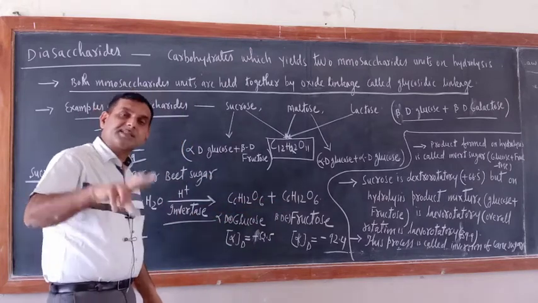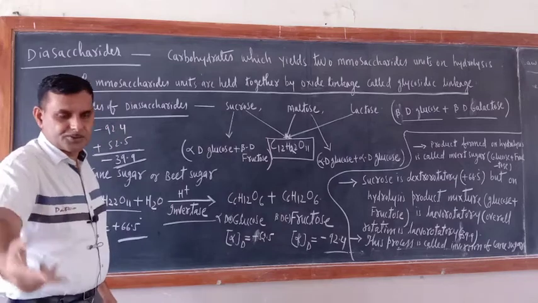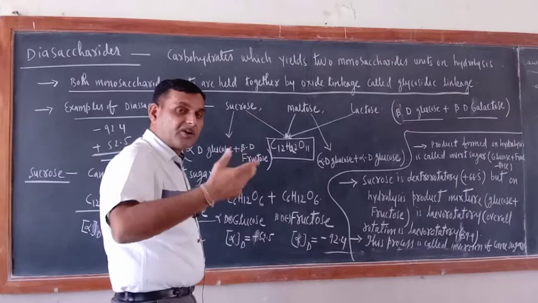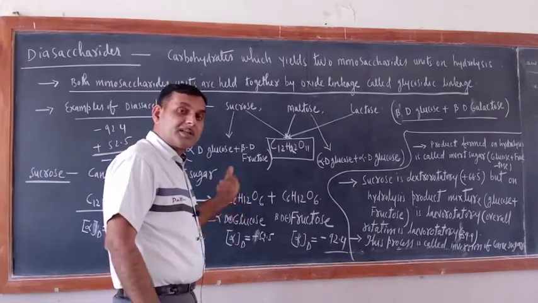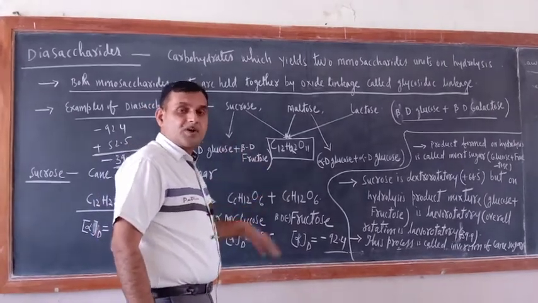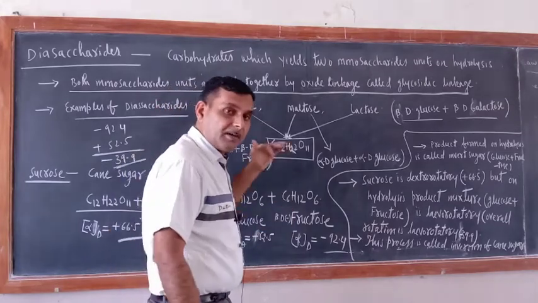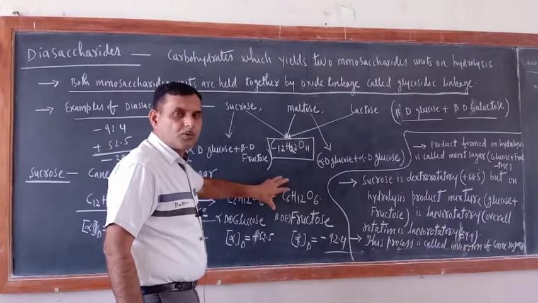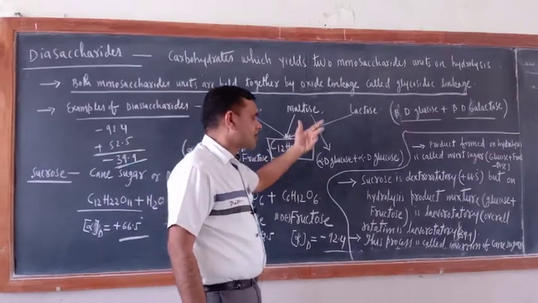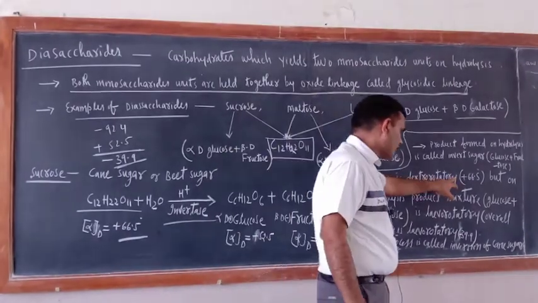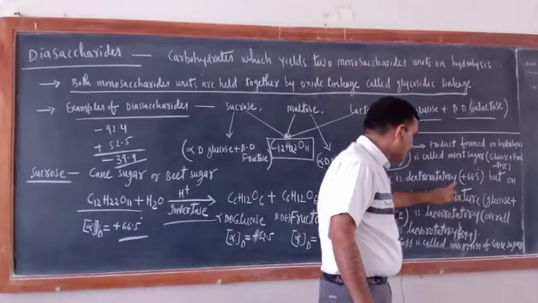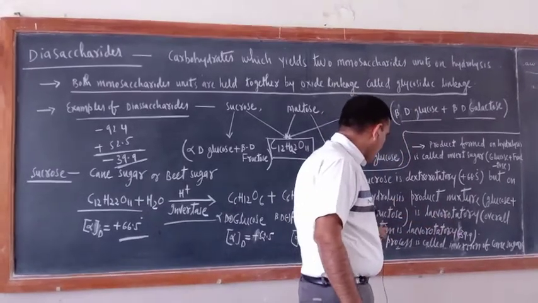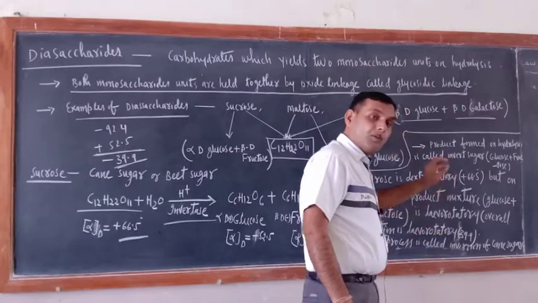This process is known as inversion of cane sugar. Cane sugar was dextrorotatory, but upon hydrolysis whatever product is formed is now laevorotatory. The resulting mixture of glucose and fructose is known as invert sugar. So sucrose is dextrorotatory, but on hydrolysis the product mixture of glucose and fructose is laevorotatory. Overall rotation is laevorotatory.